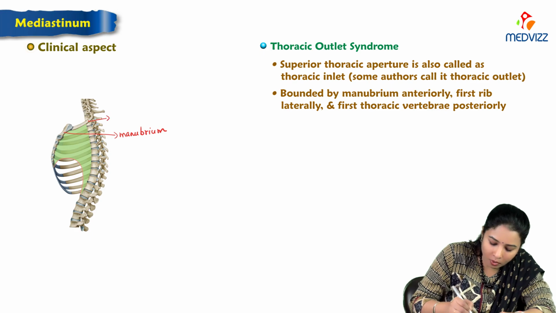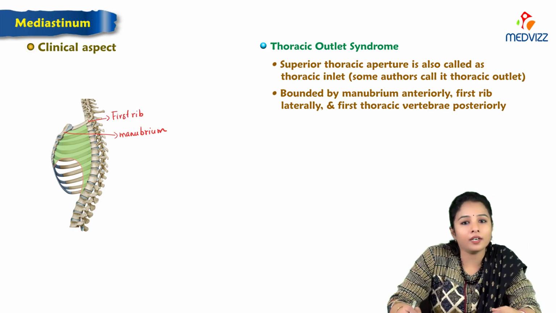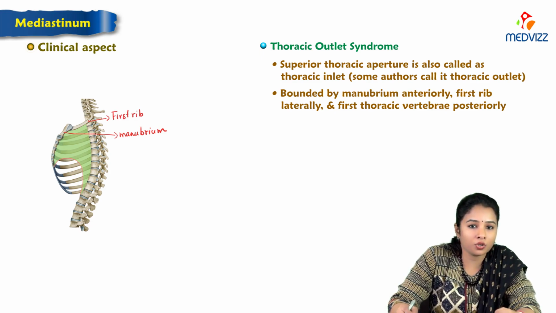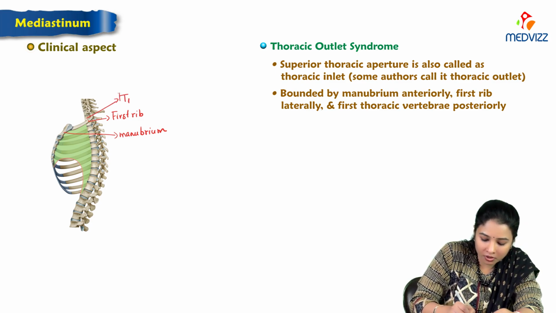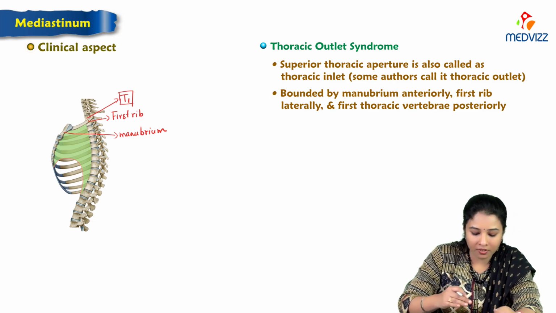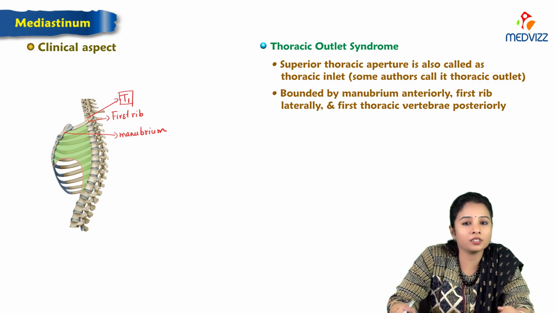So, laterally it is bounded by the first rib, and it is also related to the first thoracic vertebra posteriorly. So, this is T1, first thoracic vertebra. So, these are the boundaries of thoracic outlet or thoracic inlet.